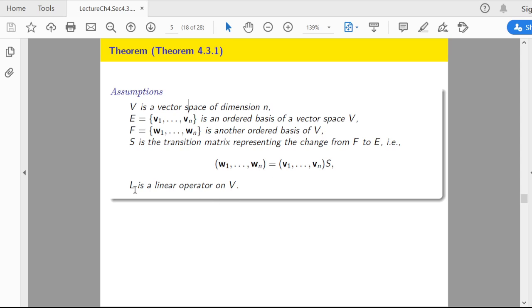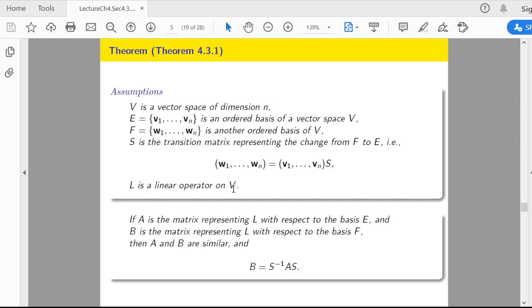Now assume L is a linear operator on V, or a linear transformation from V to itself. If A is the matrix representing L with respect to the basis E, what's the basis E? That's V1, V2 to Vn.